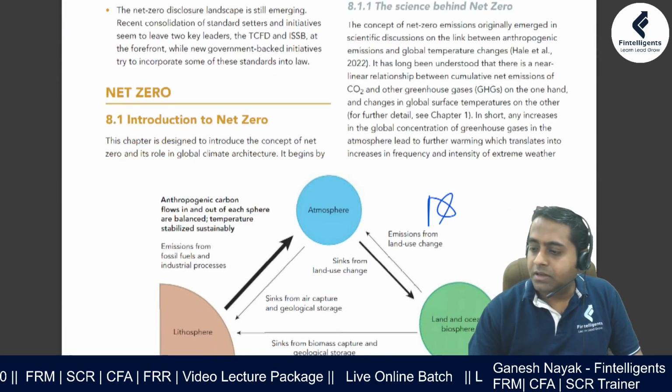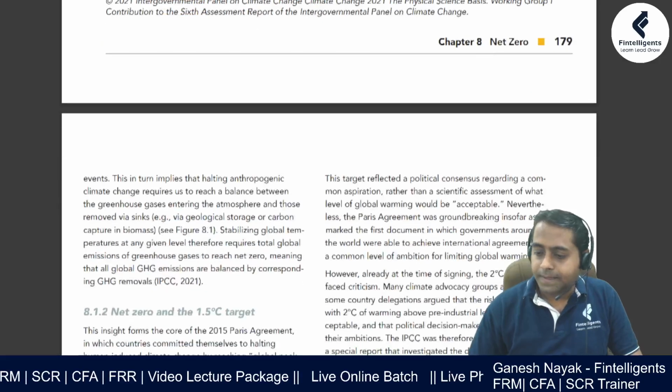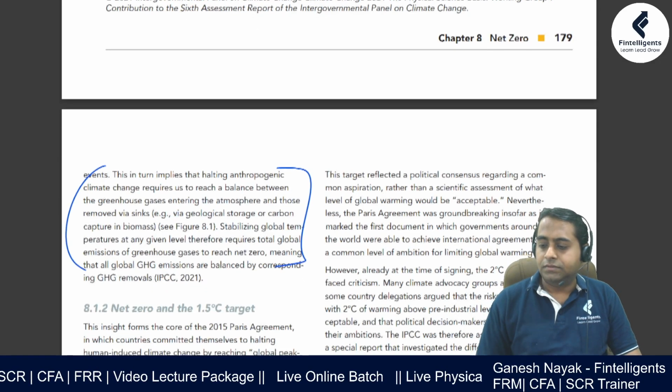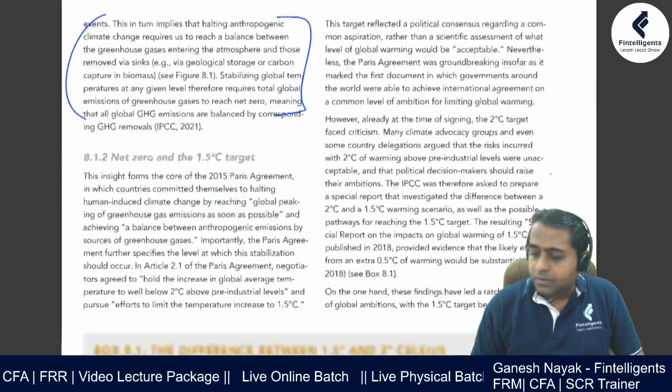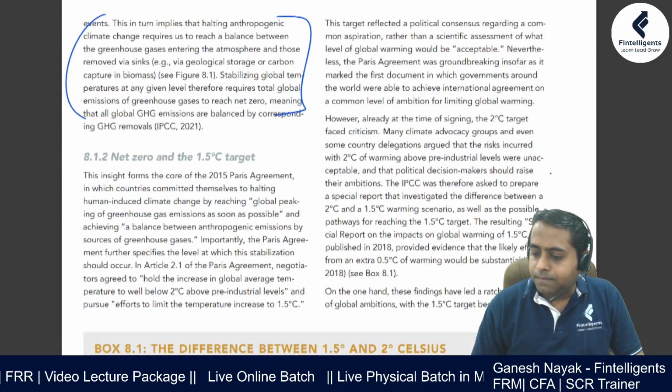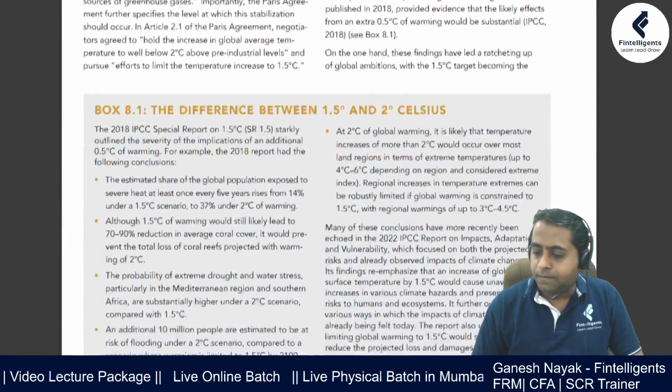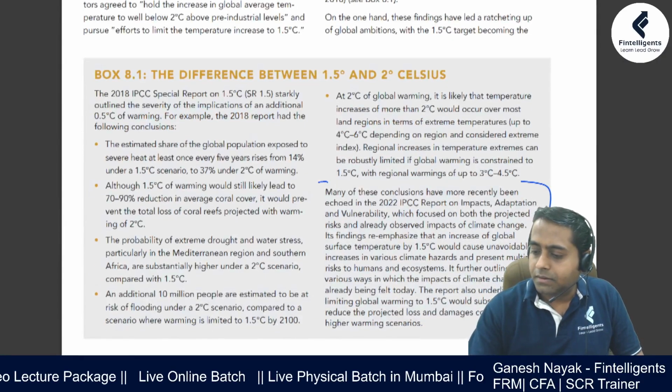Mark this diagram as star. And this paragraph. This part.